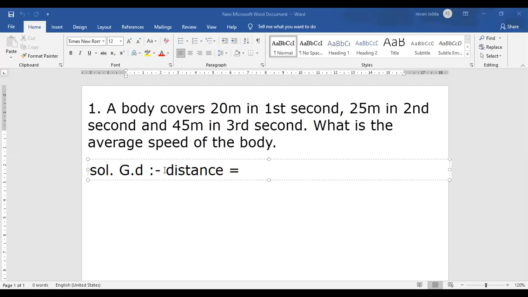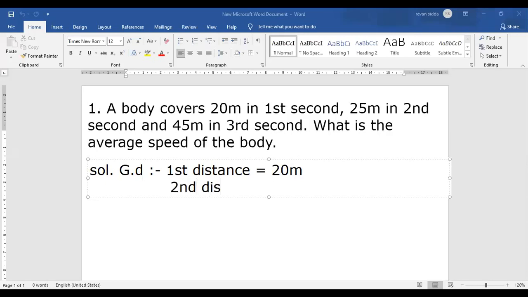This one is first distance. First distance is equal to how much? 20 meter. Second distance is 25 meters.